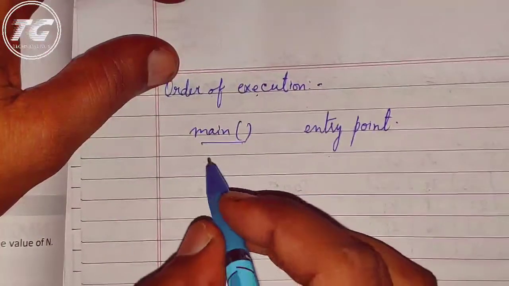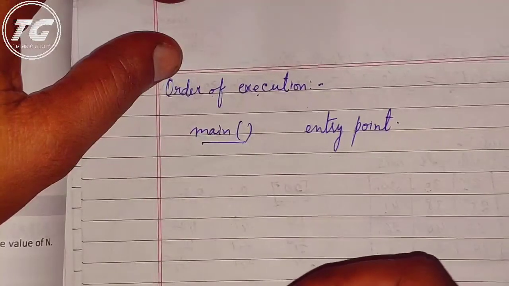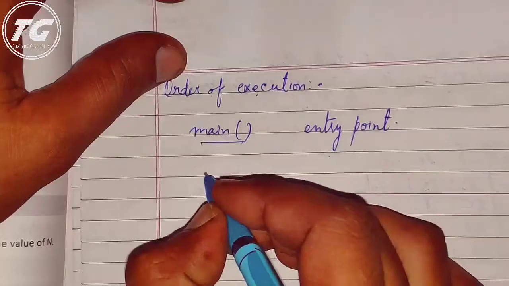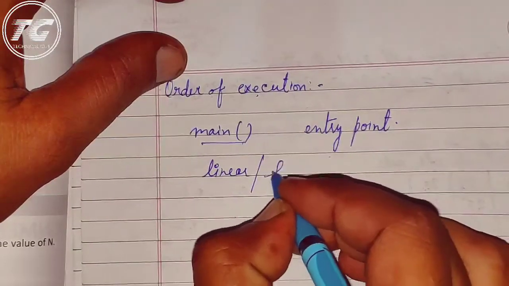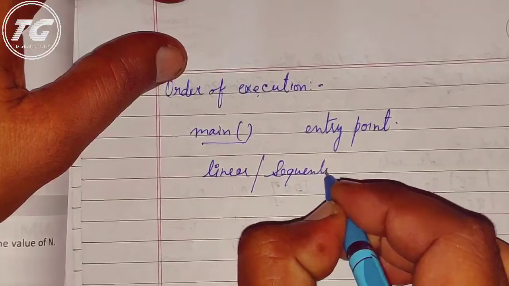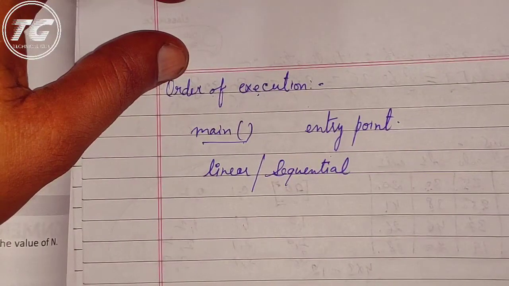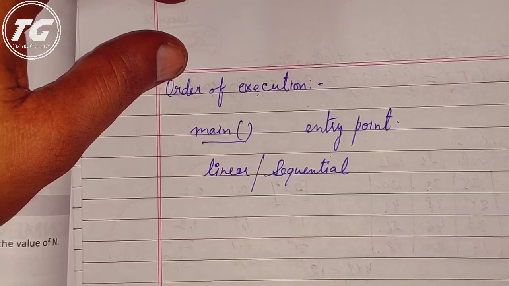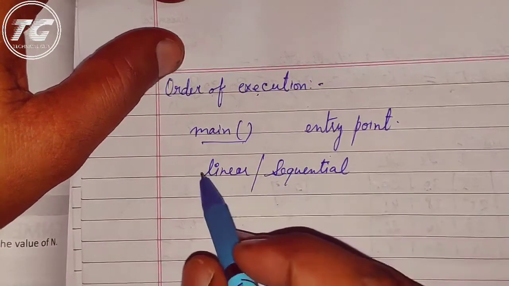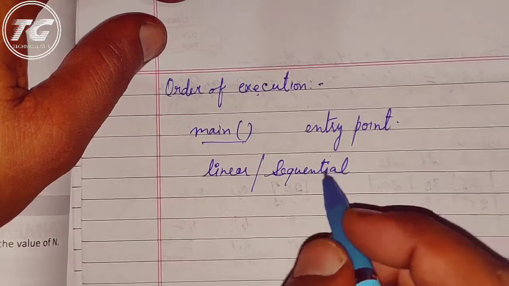Inside the main method, all the statements will be executed in linear order. You can call it linear or you can call it sequential. All the statements of the main method are executed in a sequential order, one after the other. So this is the default execution order of a program.